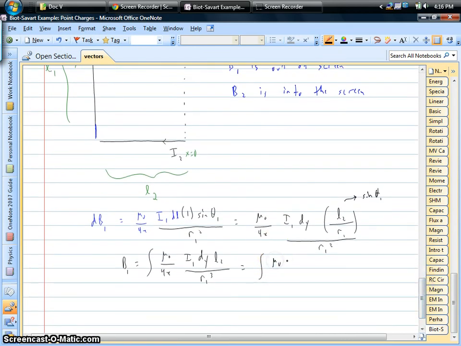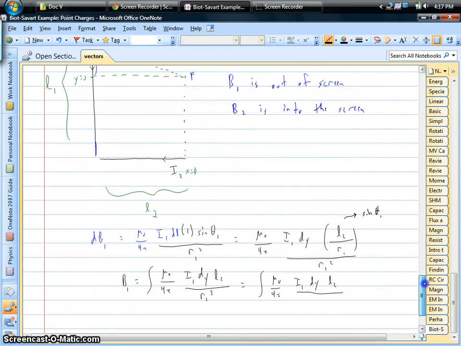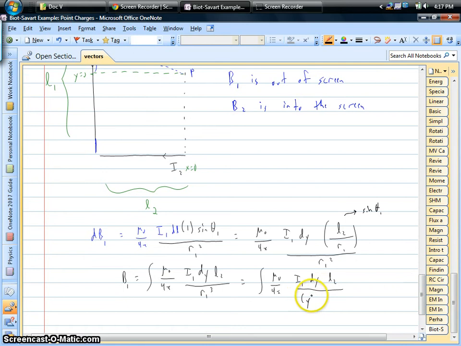So just to get this in kind of a final form, we have I1 times dy times the length of wire 2 all over r1 cubed. So that's going to be y squared plus L2 squared to the 3/2 power.